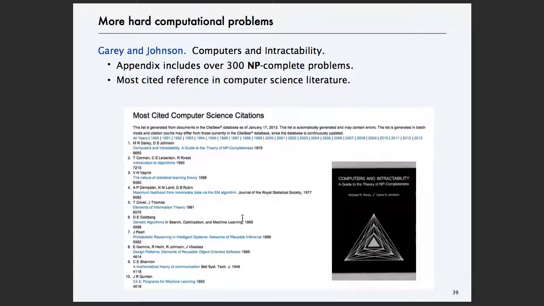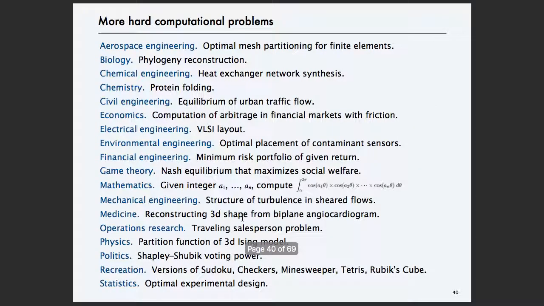There are over 300 well-known NP complete problems, right? A bunch of other things. Mesh partitioning, phylogeny reconstruction. I have no clue what heat exchanger network synthesis is. Protein folding in chemistry, and that's super useful for biology, for bioinformatics and that kind of stuff.